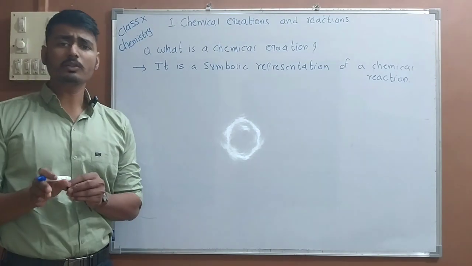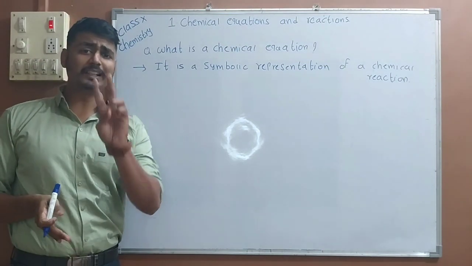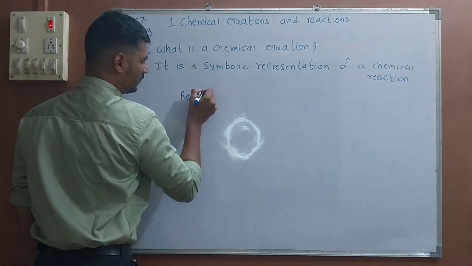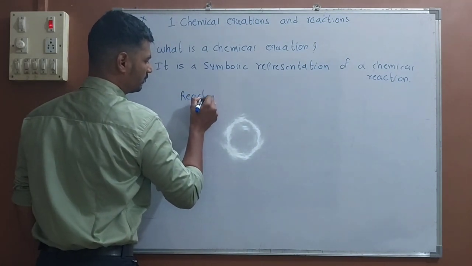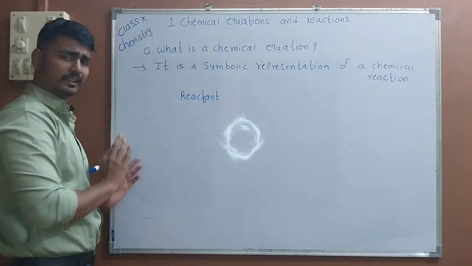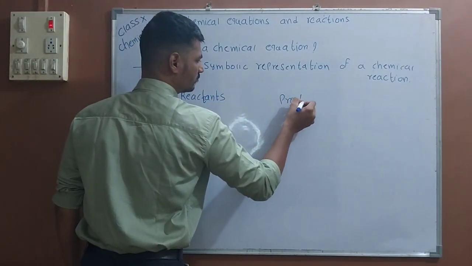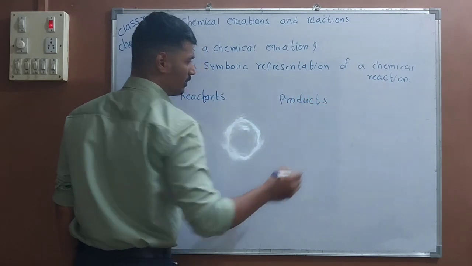Now a reaction mainly contains two types of things. One is called reactants or reactant side, and the other is products or product side.